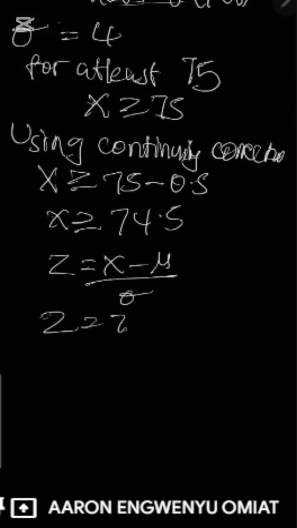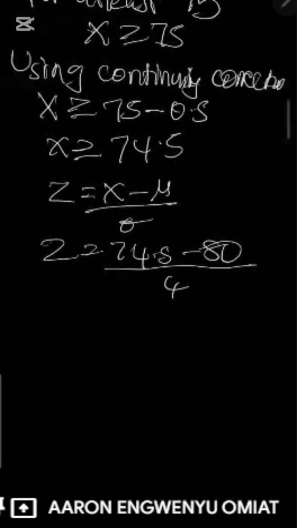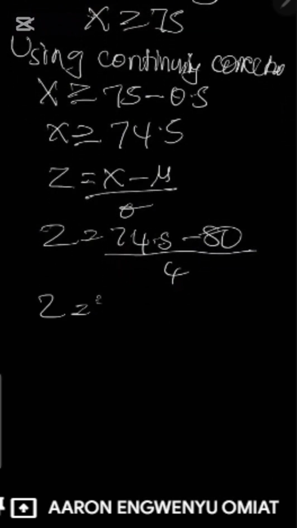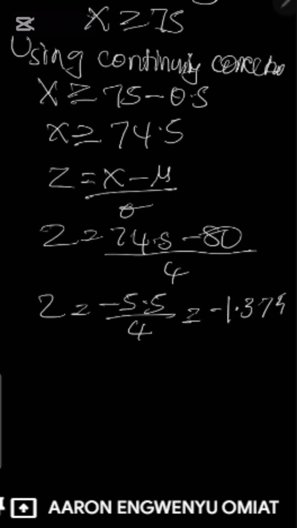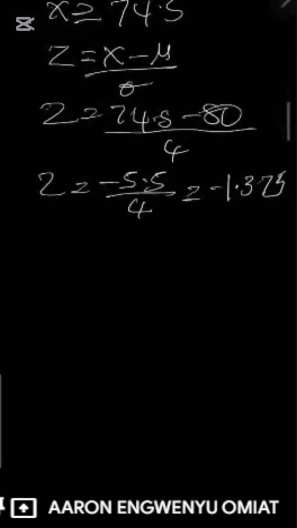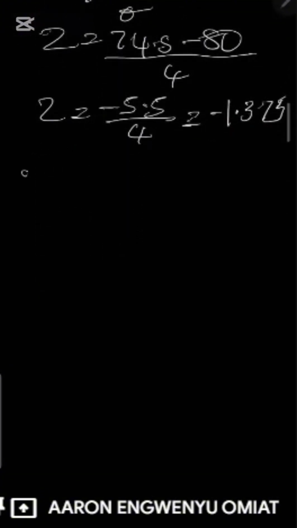Our z will be 74.5 minus 80 divided by 4, which is minus 5.5 divided by 4, which is the same as minus 1.375.